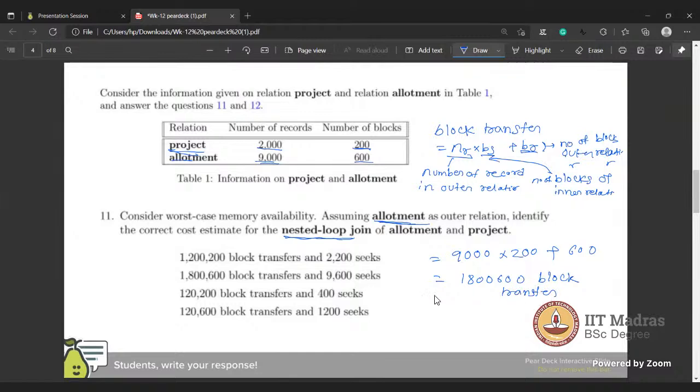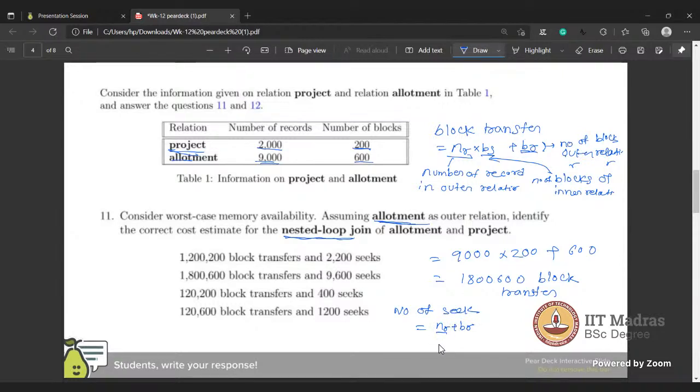What is the number of block transfers? Okay, then we will see the number of seeks. Anyone remember the formula? NR plus BR.